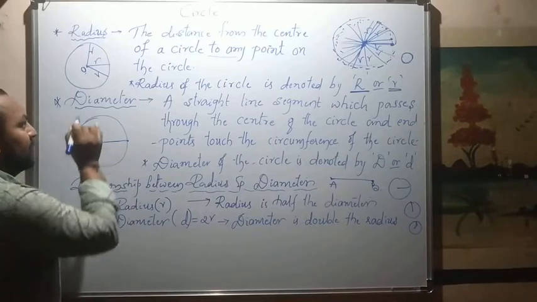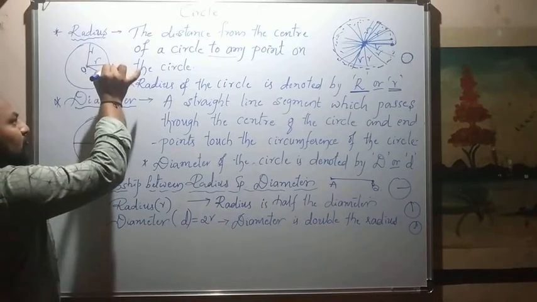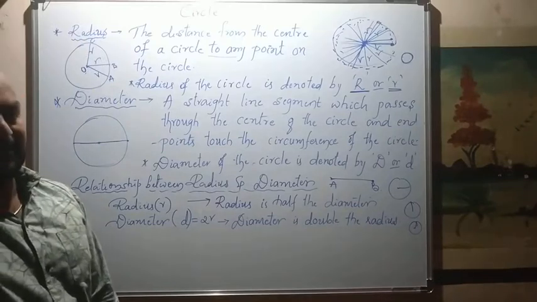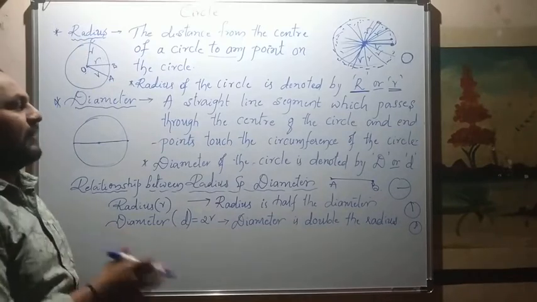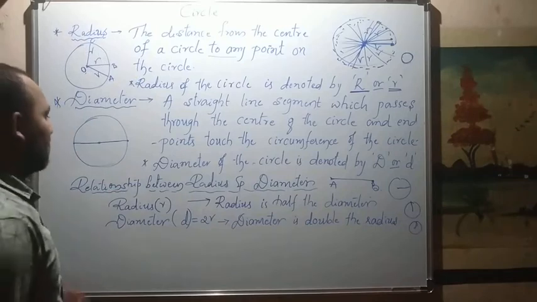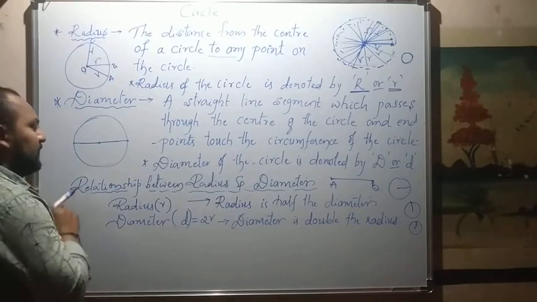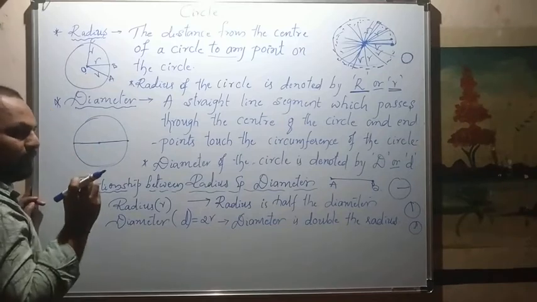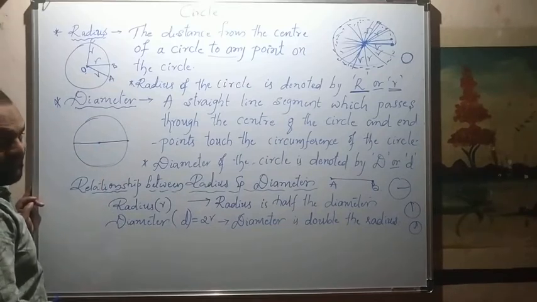Here, then OA, OB, OC. Infinite number of radiuses, uncountable radiuses are in one circle. Therefore, similarly, uncountable diameters are in one circle.